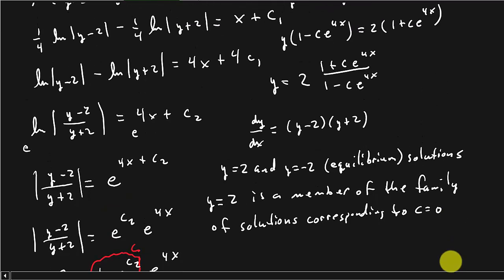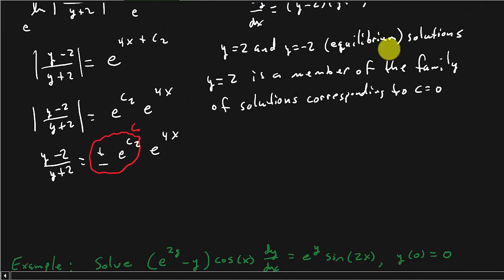So in other words, if we replace the c with a 0, this term would go out, this term would go out. We would have 2 times 1 over 1 is 2. So that would be 2 over here, and for y equals 2, we would have 2 equal 2.